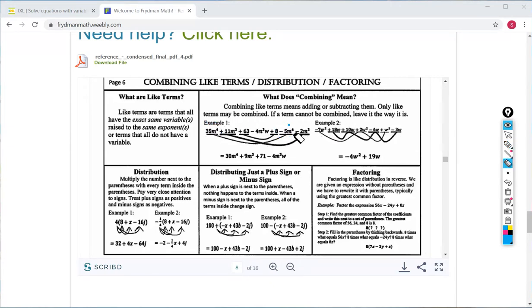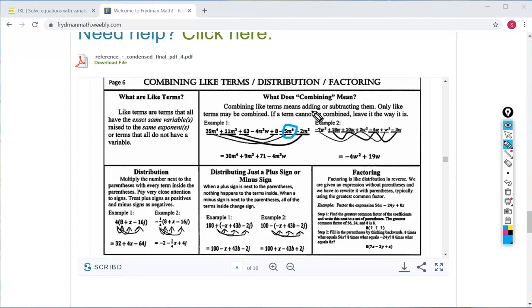So basically, when we're combining like terms, we are adding or subtracting the term. So I guess technically it would be better to say that just this is the term which we are subtracting from this term.